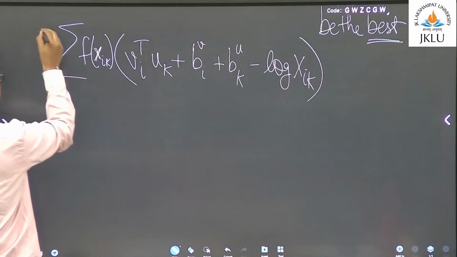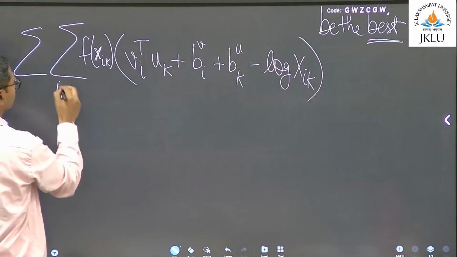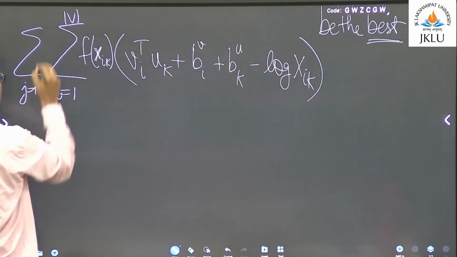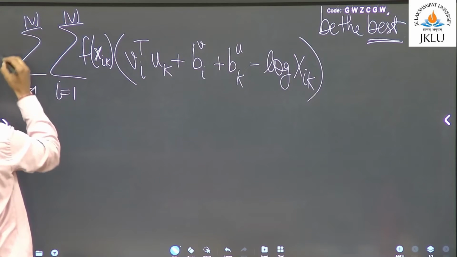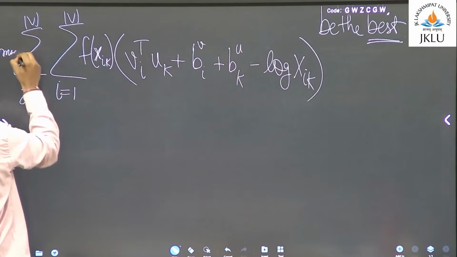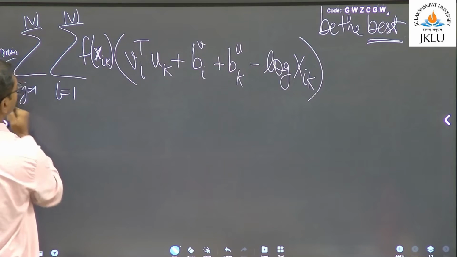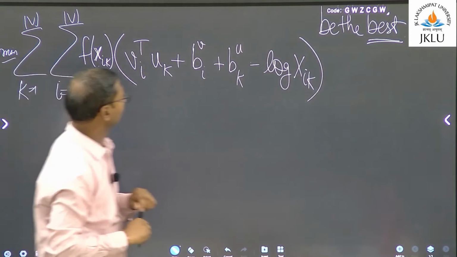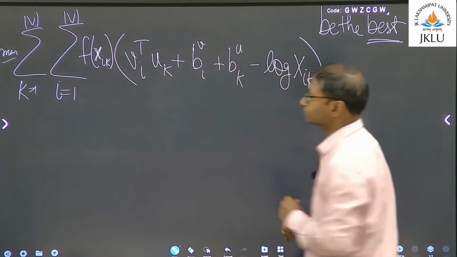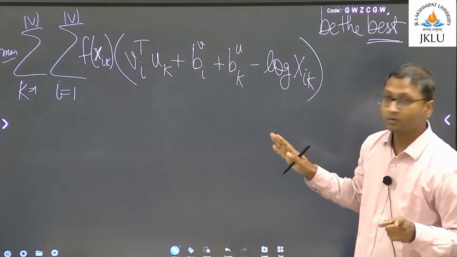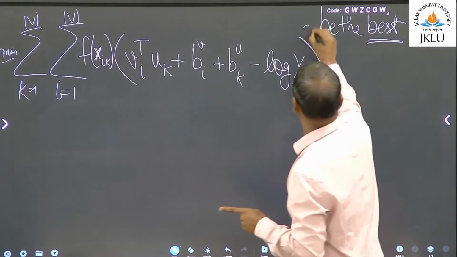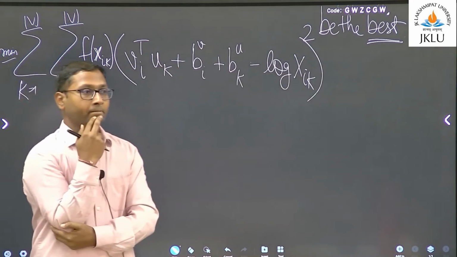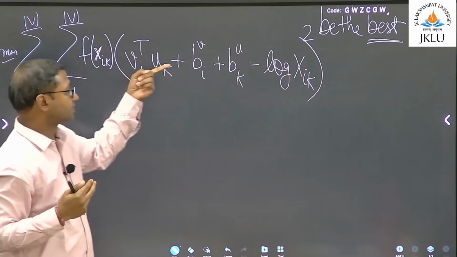We want to sum this over i equal to 1 to mod V, j equal to 1 to mod V, and we want to minimize this whole thing. Which one? Square, right. Thank you. So we want to minimize this whole thing.